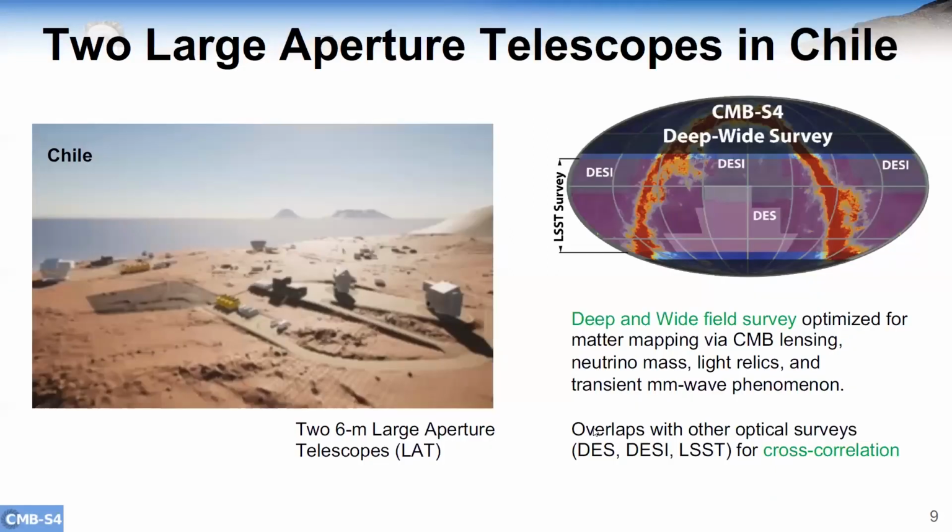To talk in a bit more detail about the telescopes, there'll be 2 of these large aperture telescopes in Chile to do this deep and wide survey. And again, you have this wonderful overlap with optical surveys such as DESI and Rubin, and eventually the Roman Space Telescope as well.